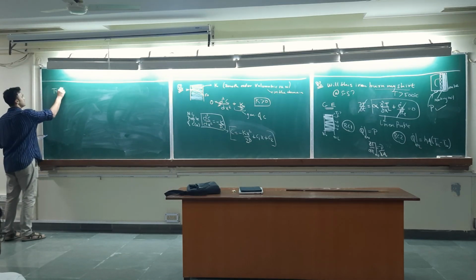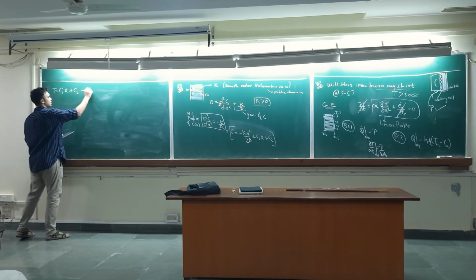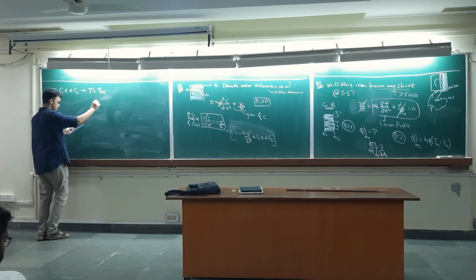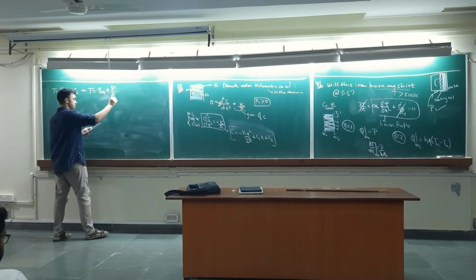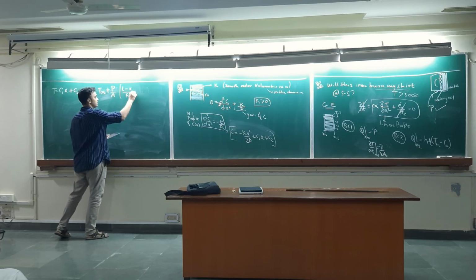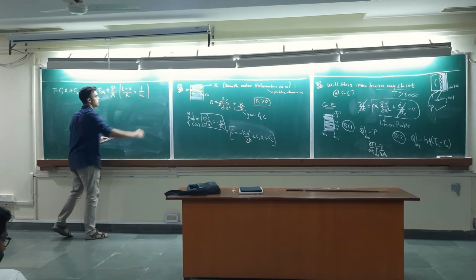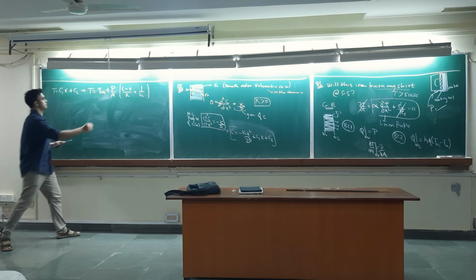So T will be again C1 x plus C2, same old. What you will get in the end is T infinity plus power by area, (L minus x) by k plus 1 by h, and this is A_c. This is what you will get.